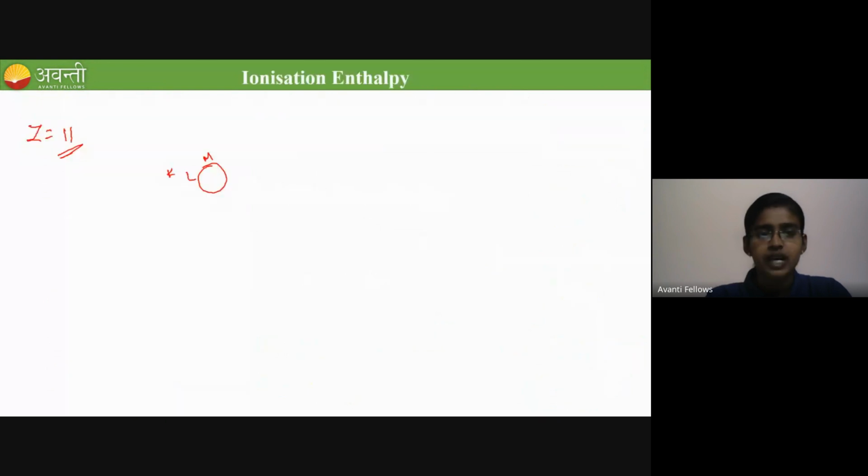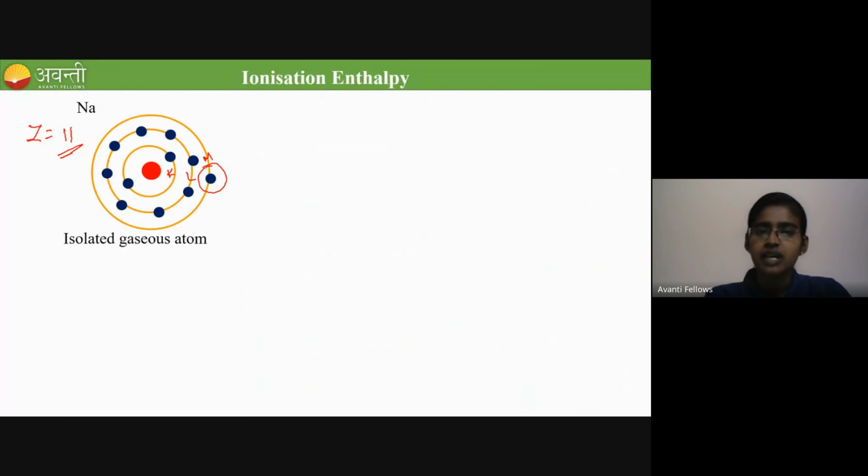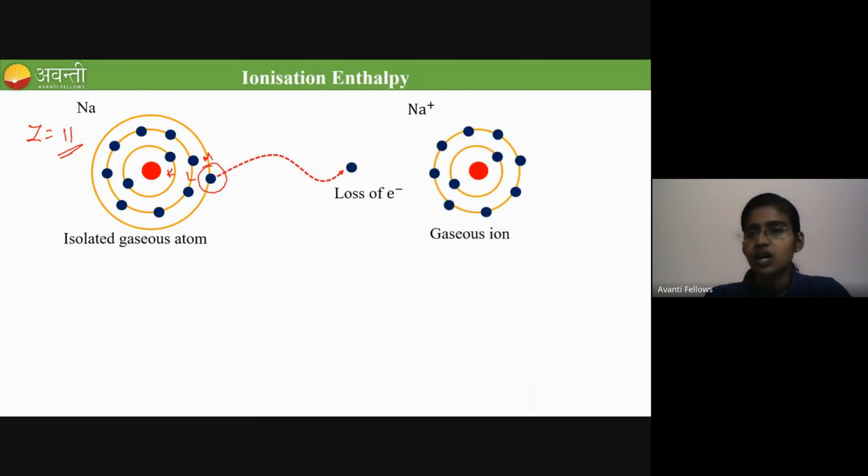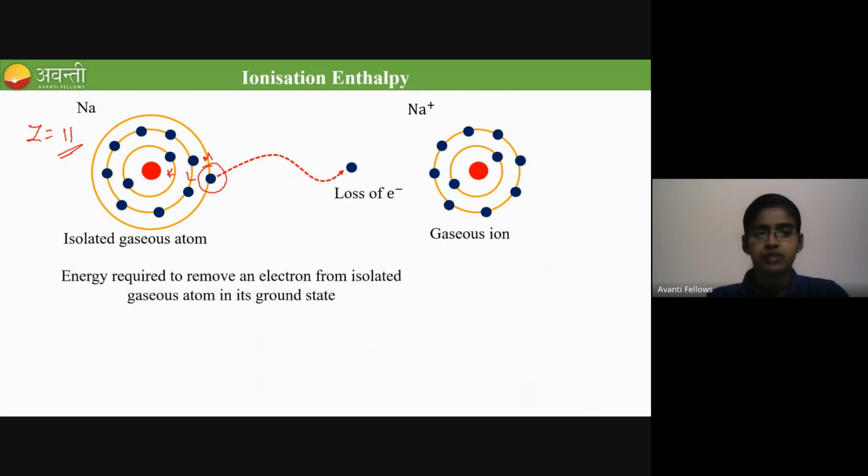I have taken the sodium atom and we have taken out one electron from the sodium atom. Now Na has become Na plus. The energy required to remove an electron from an isolated gaseous atom in its ground state is called ionization energy. I have to give that energy.